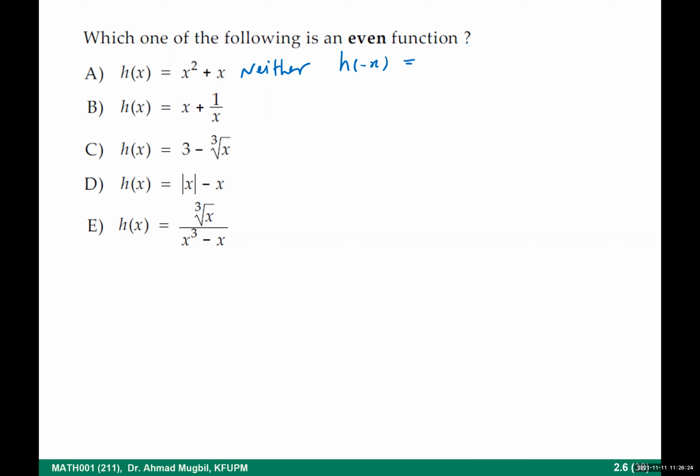We shouldn't do this all the time, ya shabab. You should be aware of that. Of course, it is clear that this will be x squared minus x. It is not the function. It is not the negative. If you take negative as a common factor, you will not get your function back. So this is not the function, not the negative of the function. This is why it is neither.